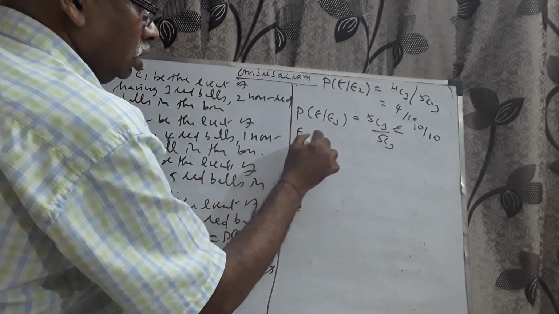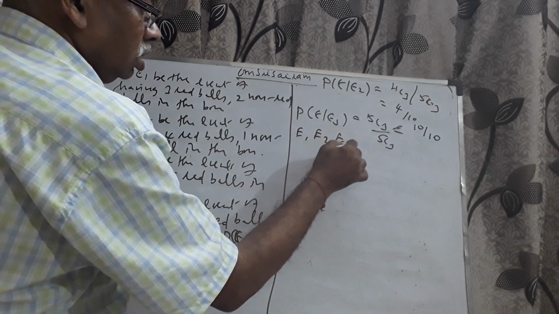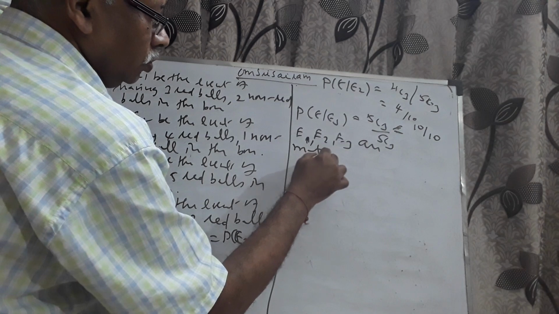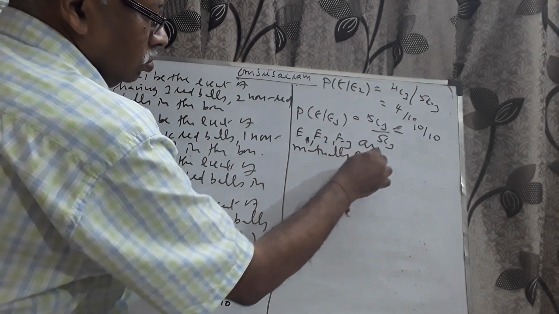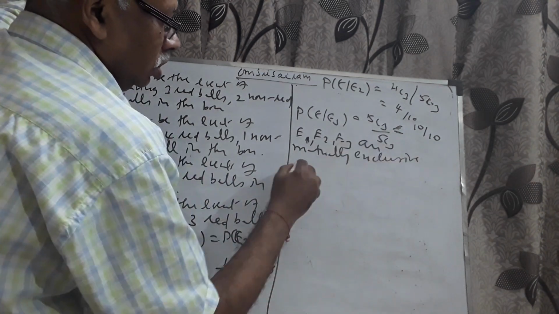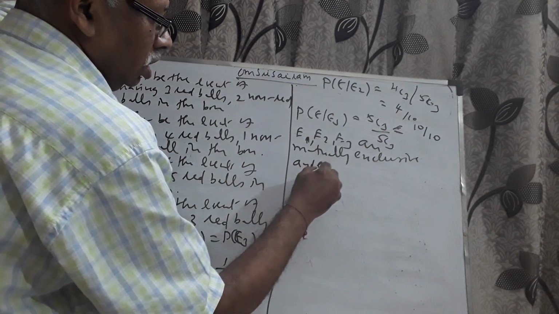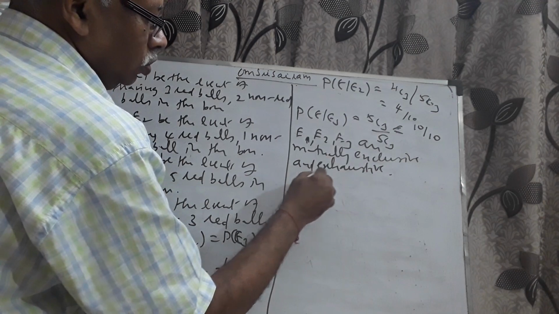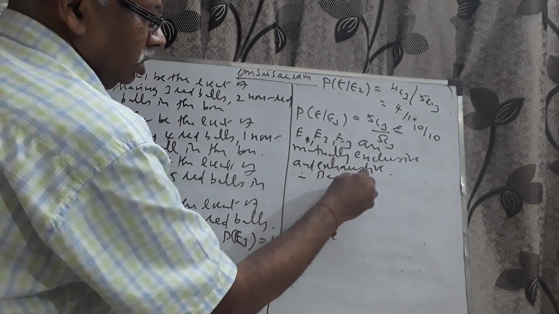Now E1, E2, E3 are mutually exclusive and exhaustive. Therefore, Bayes theorem is applicable.